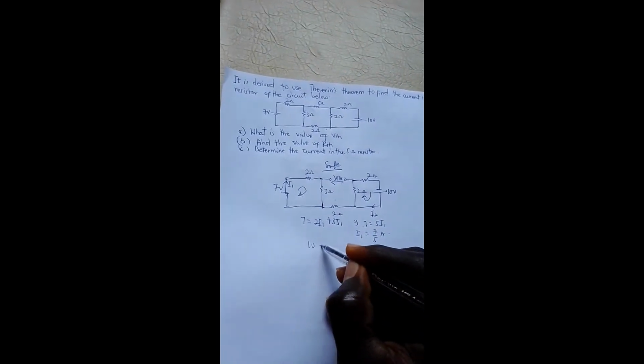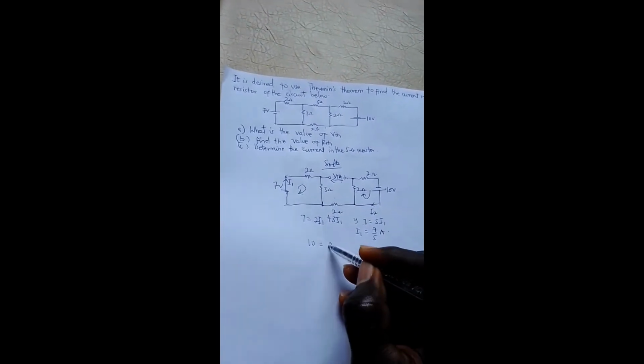For my second, this part, I'm going to have this as my loop. So I'll have my 10 volts equal to a voltage drop here, 2I2, plus the same current passing through here, 2I2. Therefore 10 will be equal to 4I2. My I2 will be equal to 10 over 4, and this is equal to 5 over 2 amperes.